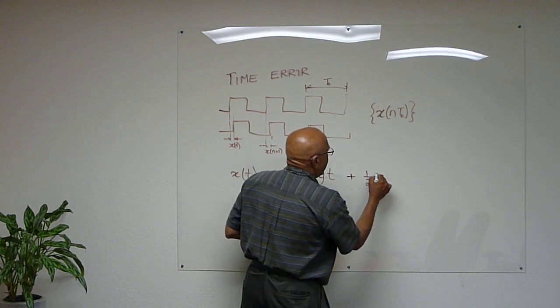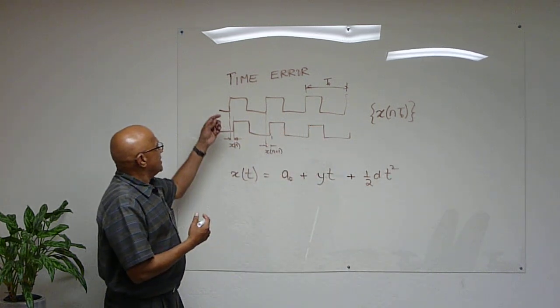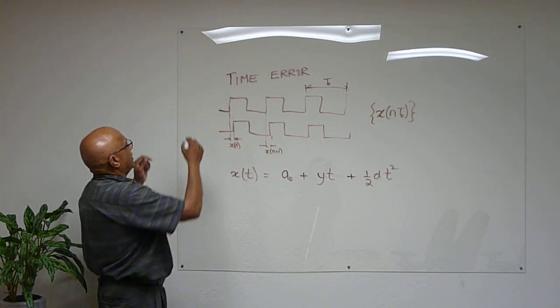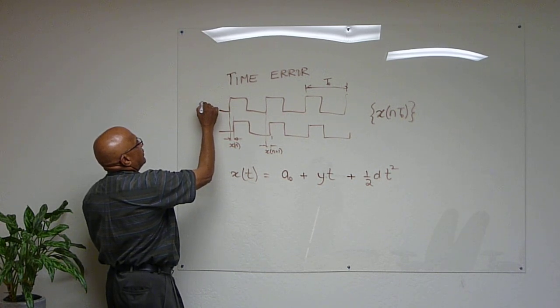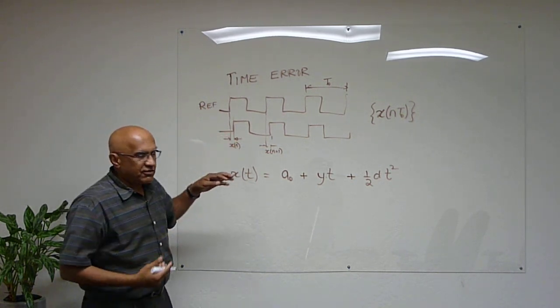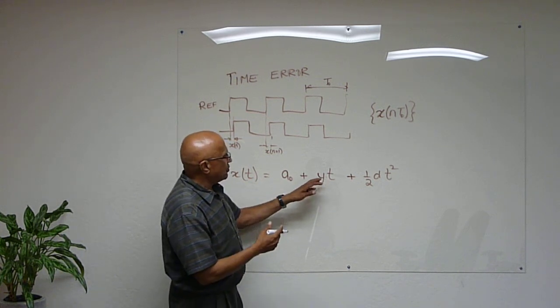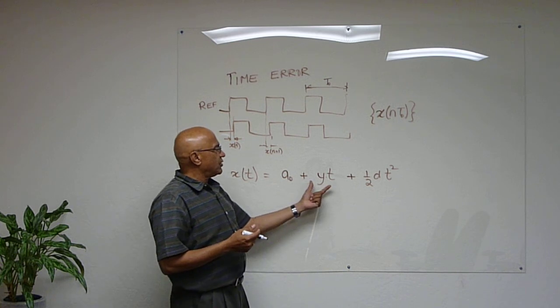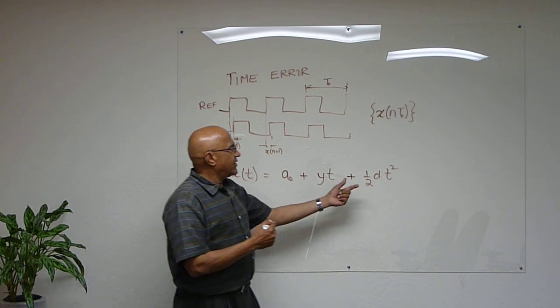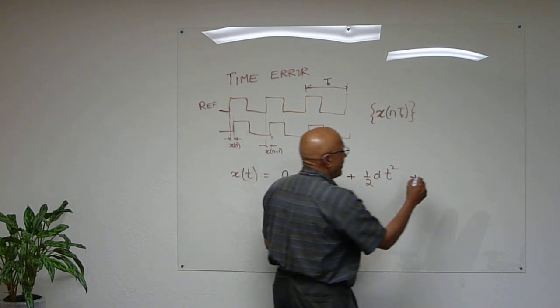You can have a drift component. So we think of the first clock as the reference, the second clock as the clock under which we are measuring. It can have a constant error, a time offset which is linear in time corresponding to a frequency offset, a drift term, and then there's always a catch-all random noise.